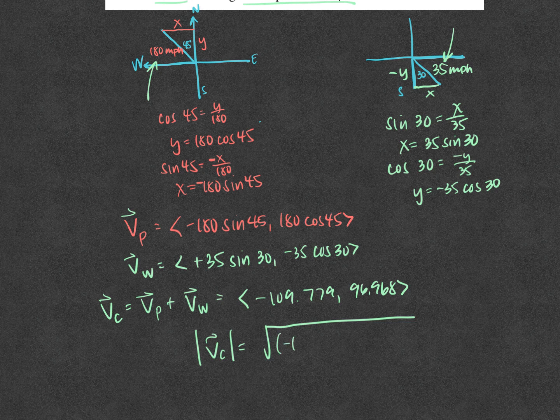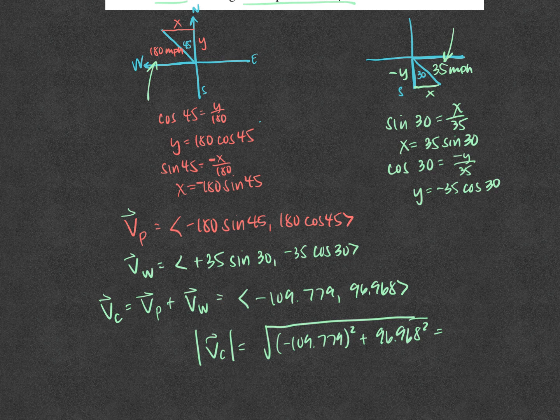So we're going to take negative 109.779 quantity squared plus 96.968 quantity squared under the square root. Now remember, if you don't round off those values and use the whole value on your calculator, then you'll have a better answer, but you should be able to do it either way in WebAssign, unless it says do not round anywhere in the middle. You know how to handle that, so I'm going to let you do it.